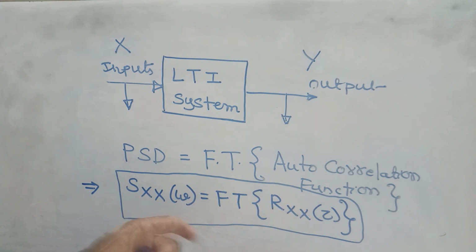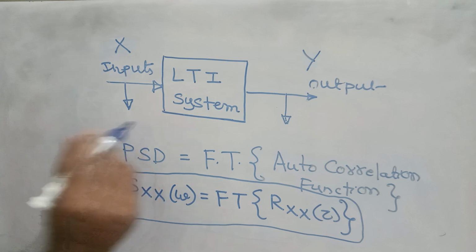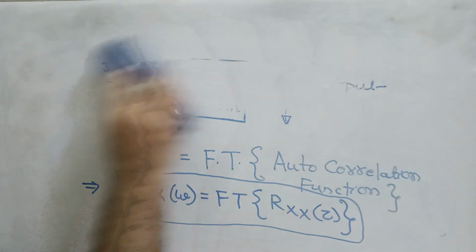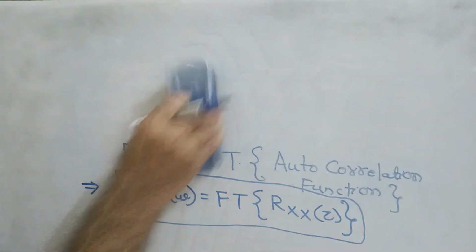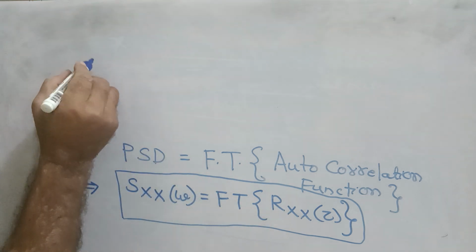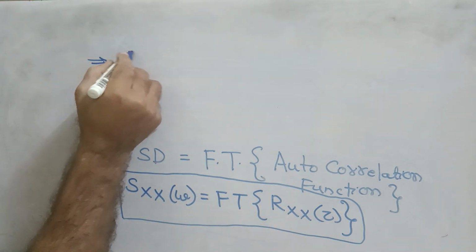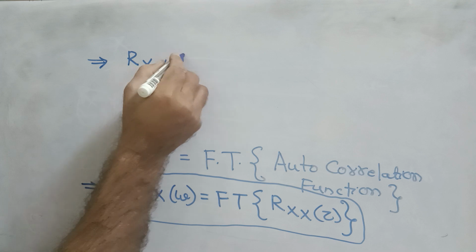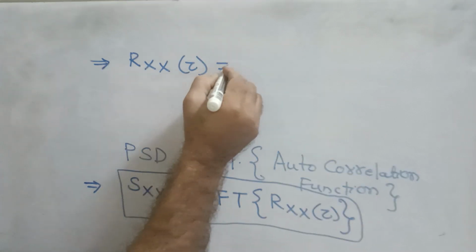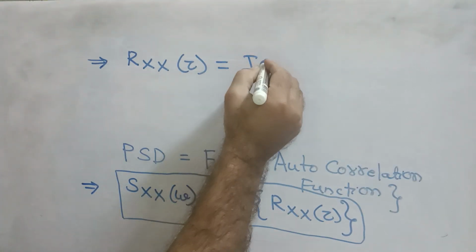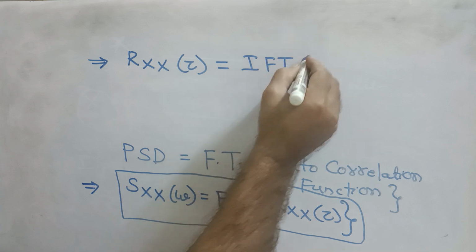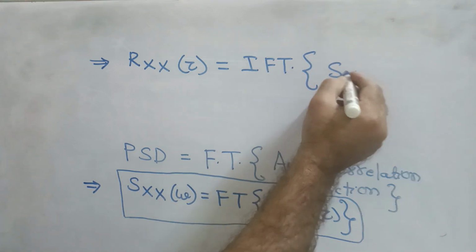And similarly, this is the direct form. Inversely, I can write Rxx of tau is equal to the inverse Fourier transform of Sxx of omega.